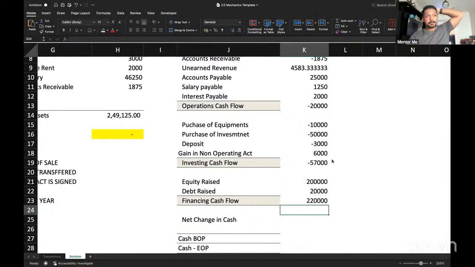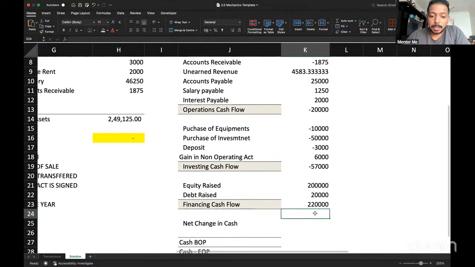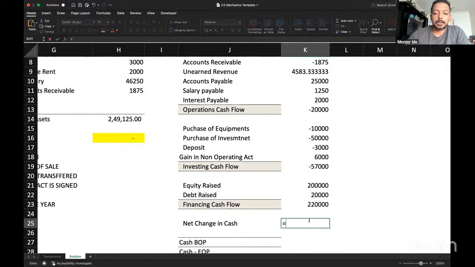This chapter of logic actually in the CFA curriculum comes very late. But I feel this first needs to be done. That's why probably this will save a lot of time for us later when we'll be at FSA. Okay. So now let's add up operating cash flow plus investing cash flow plus financing cash flow.